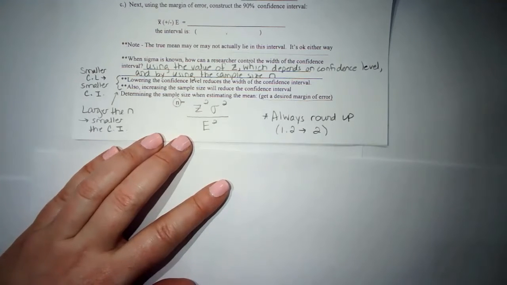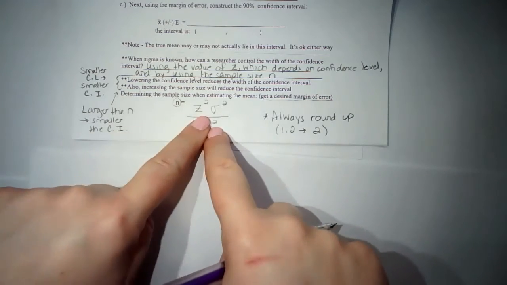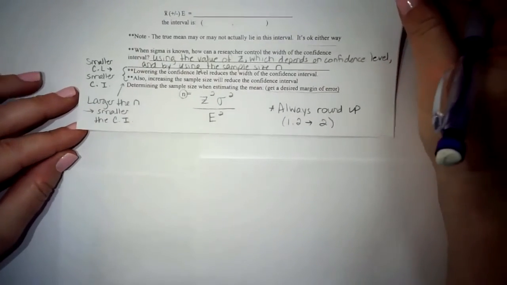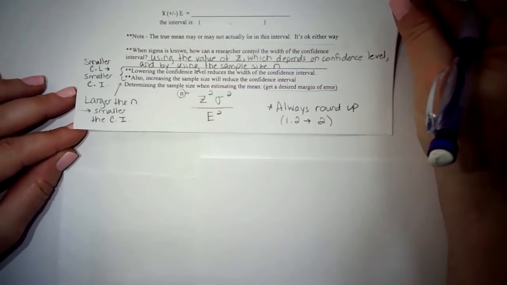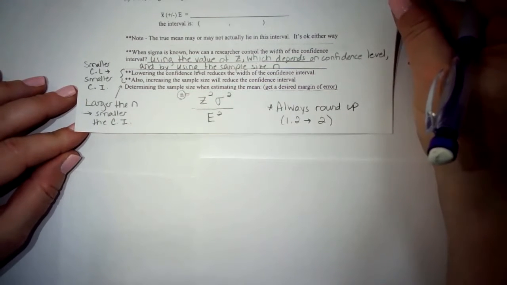Okay, and now let's just do a bunch of examples. So we have how to find the sample size when sigma is known. And we also know how to find our confidence interval when sigma is known. Okay, so let's flip it over and start on number 1. Is everybody okay with that?